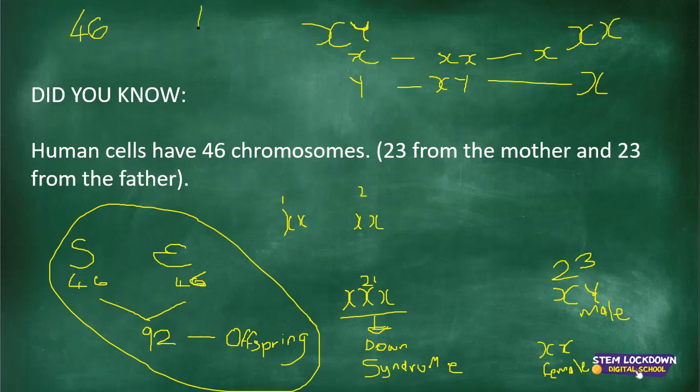Even the father has 46 chromosomes. But what actually happens is they will each pass on only 23. So only 23 chromosomes from the father and only 23 from the mother.